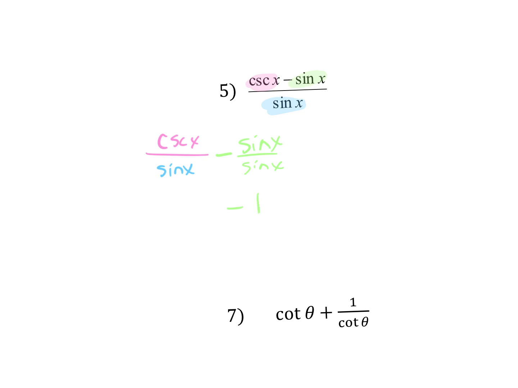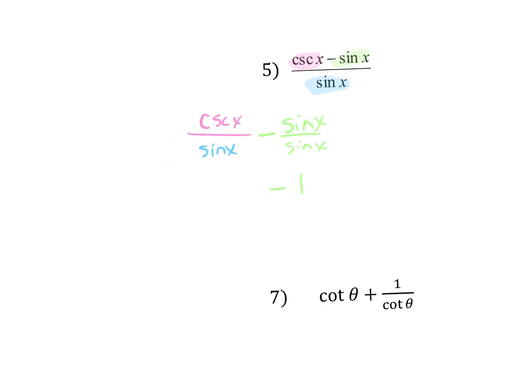So we get minus 1 here, right? But let's clean this up here. So cosecant, we know the reciprocal is sine, so this is 1 over the sine of x over sine of x over 1. We've got to do keep it, change it, flip it.